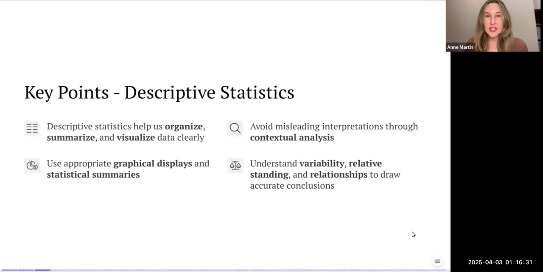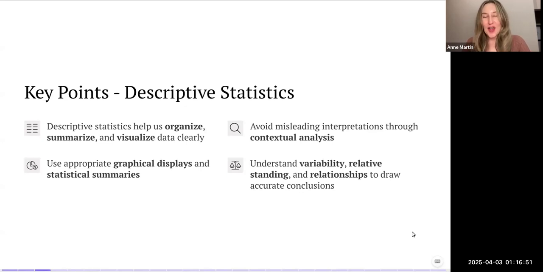So descriptive statistics are all about describing the characteristics of a particular set of data. They can help you organize the data, summarize it, and help you visualize it to understand what is happening within a particular data set. You might see graphical displays or statistical summaries.